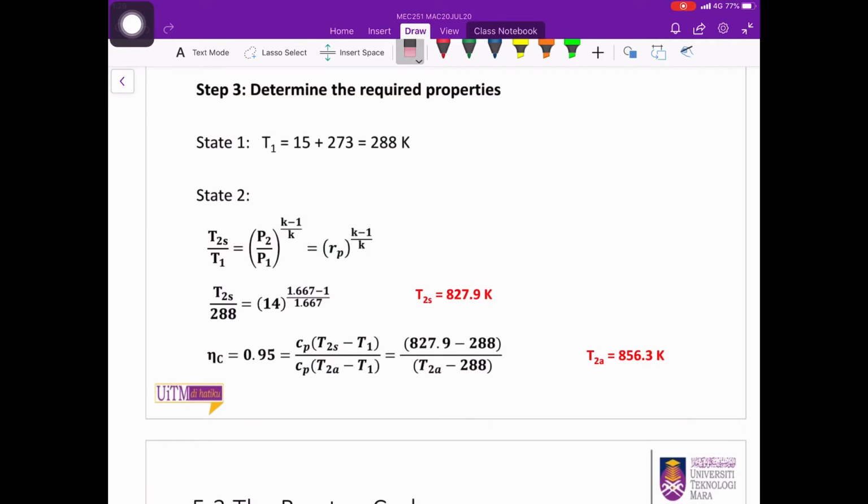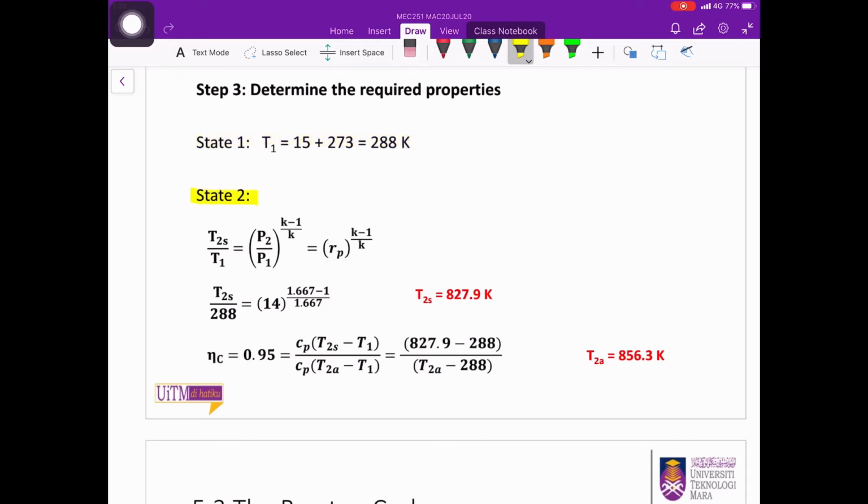In order for us to solve the power net out, we need to find the temperature for each state. For state 1, the temperature has already been given by the question. T1 is equal to 288 Kelvin.